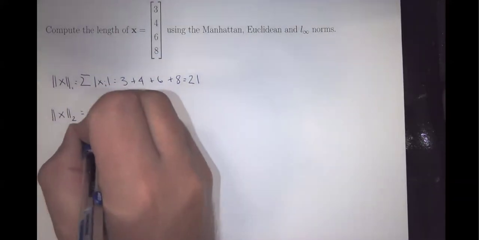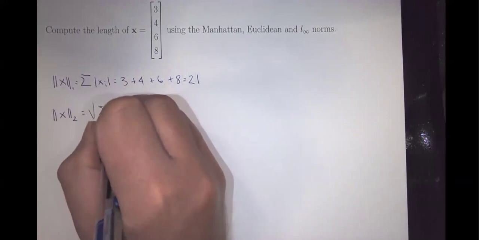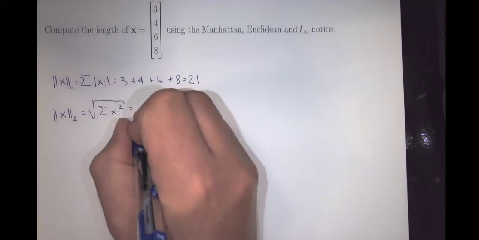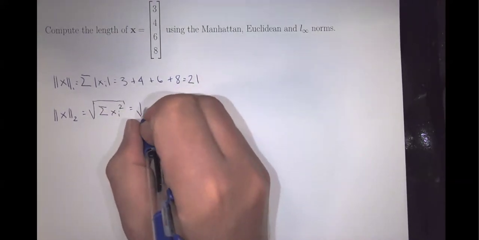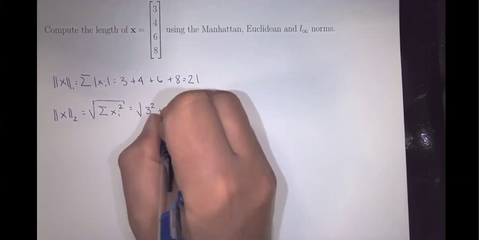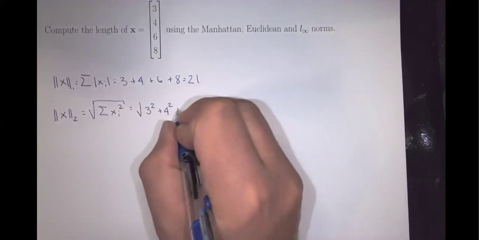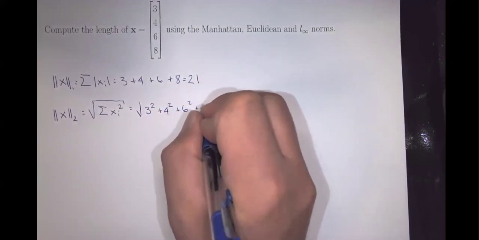The 2 norm is again the sum of the values squared, and then we take the square root. So the square root of the sum of the xi squareds. So the square root of 3 squared plus 4 squared plus 6 squared plus 8 squared.